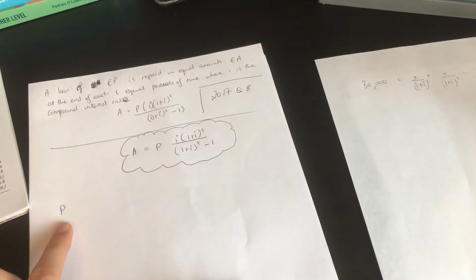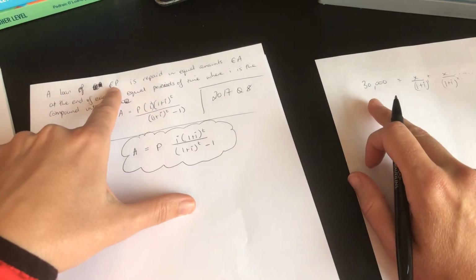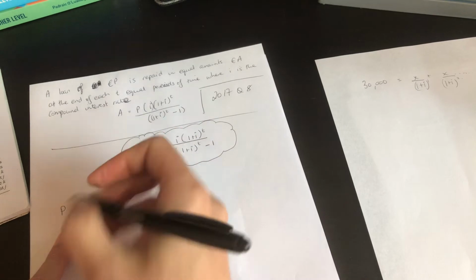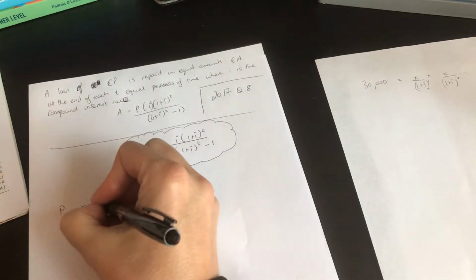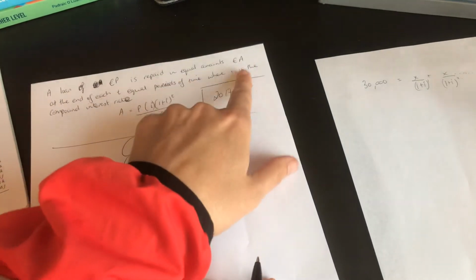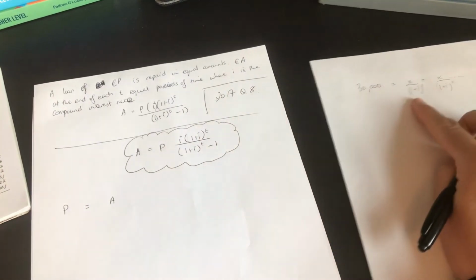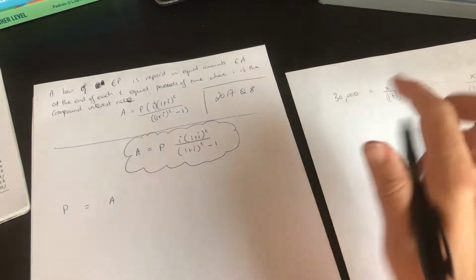Maybe you'd like to have this somewhere for yourself, because for some people it's harder to work in abstract. So 30,000 is the amount of the loan. What have they called the amount of the loan? They've called it P. And that's equal to, I've called X the amount that I'm repaying, but A is what they've called it. I'm going to put it straight into what I already know, that the money has to all be in the same time frame.